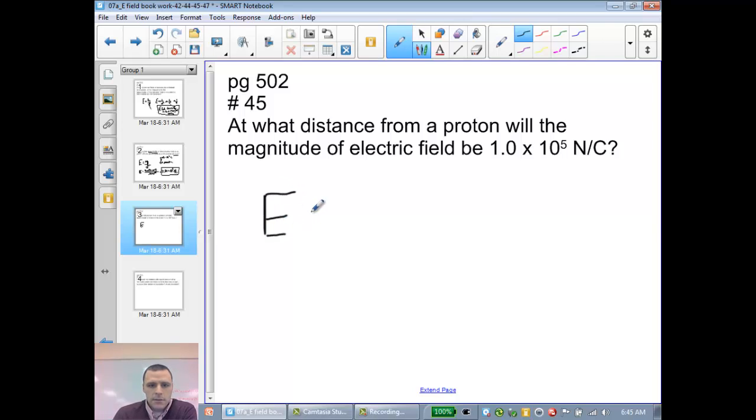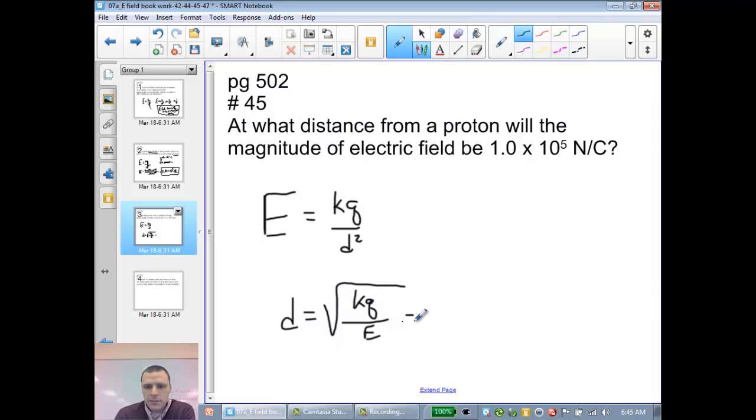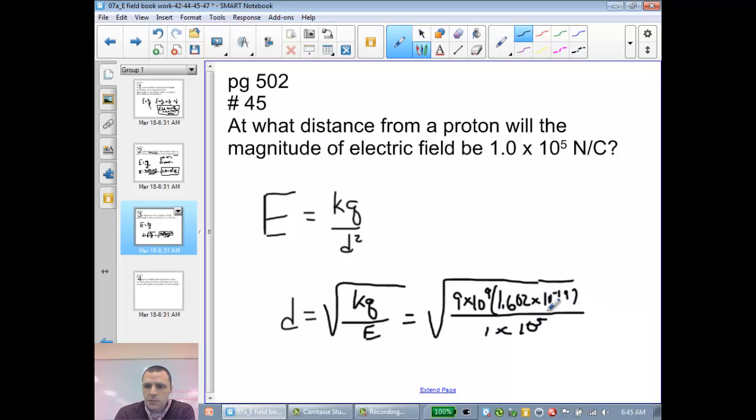Again, E equals K Q over D squared, only this time we're looking for D. So D equals, I'm going to multiply both sides by D, divide by E, take the square root, K Q over E. The numbers that go in are 9 times 10 to the 9th, the charge of one proton, 1.602 times 10 to the negative 19, divided by the electric field strength, which is 1 times 10 to the 5.